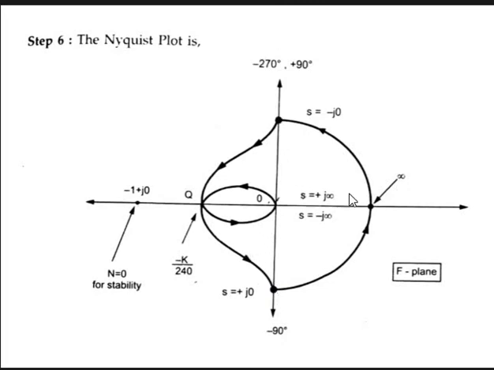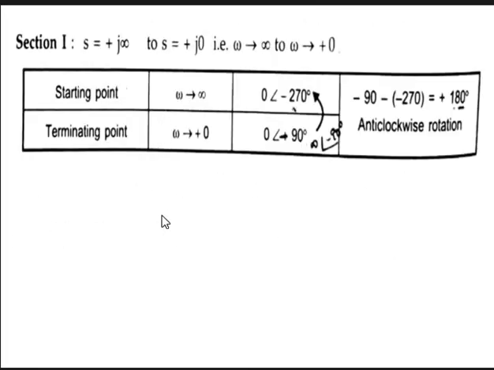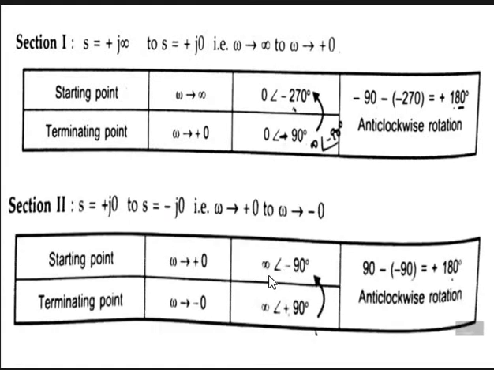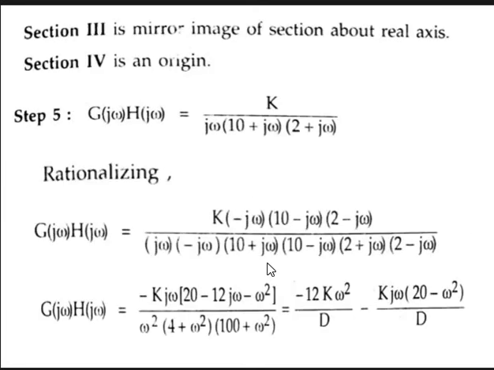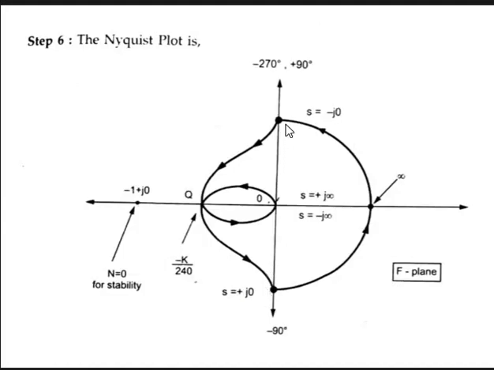Next, the polar plot for section 2 is this one. The starting point is j0 and the ending point is minus j0, so from here to here, again a rotation. For part 2, the starting point has magnitude infinity at angle minus 90 degrees, and the ending point is infinity at angle plus 90 degrees.